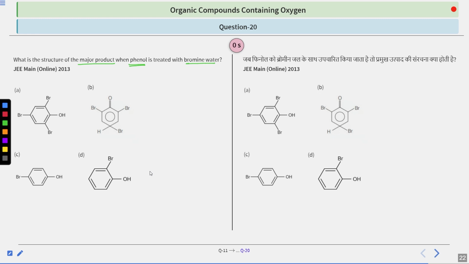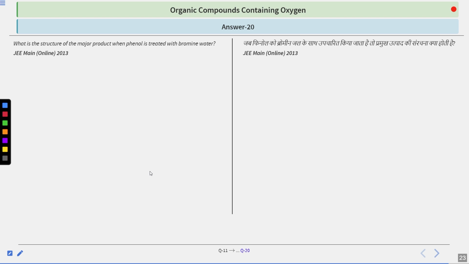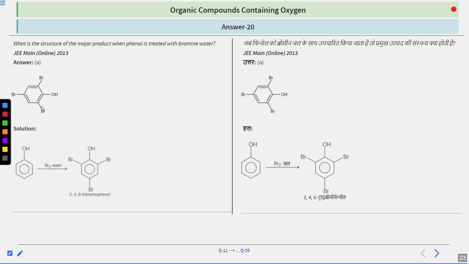Let's see. The correct answer for the given question is option A, that is the benzene ring having OH at the para position and bromine at ortho and para positions. So, when phenol reacts with bromine water, we get a bromine substituted product, which is 2,4,6-tribromophenol.